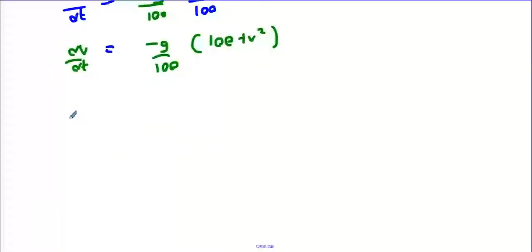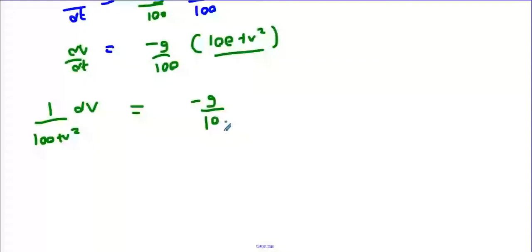So it's going to be dv, bring this 100 plus v squared underneath. So it's going to be 1 over 100 plus v squared, and then bring the dt up. So it's minus g over 100 dt.